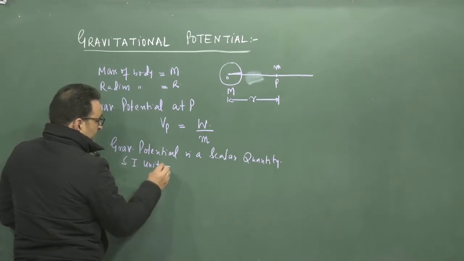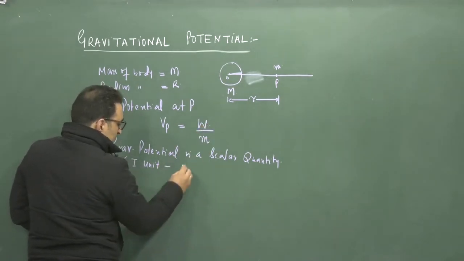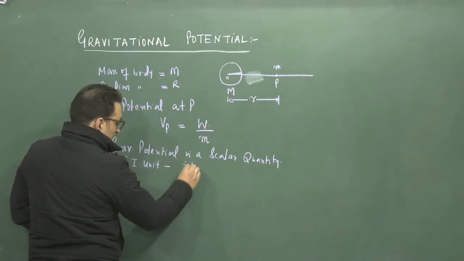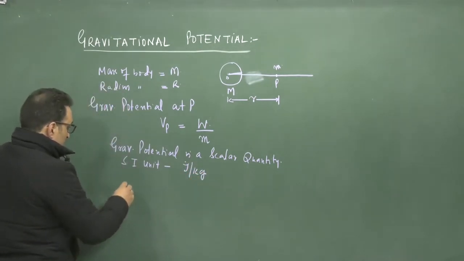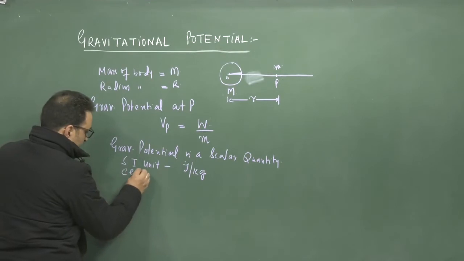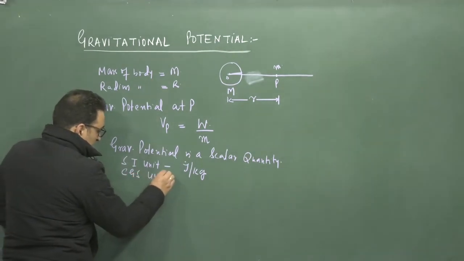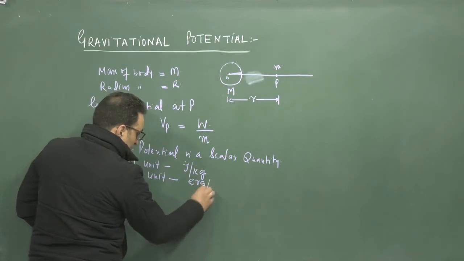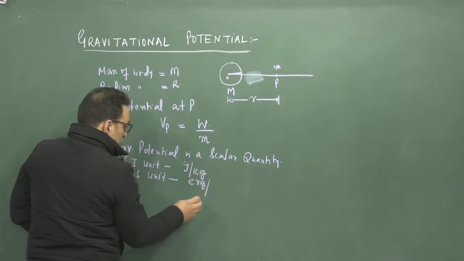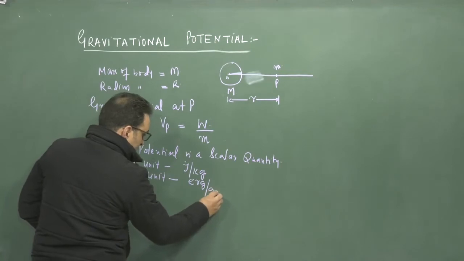Now its SI unit will be, since work is measured in joules and mass in kg, joules per kg, and its CGS unit is erg per gram.